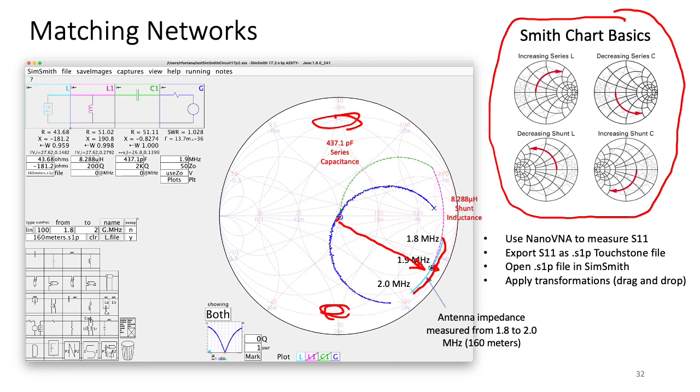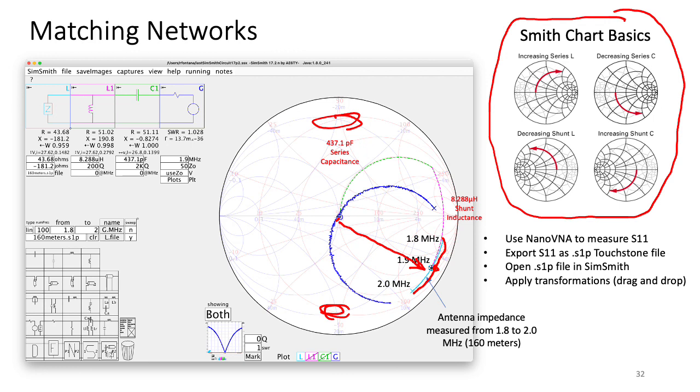Similarly, I have a set of concentric circles which represent fixed admittances, reciprocals of resistances. And if I have a shunt inductance, I will move counterclockwise along the fixed admittance curve. And if I have a shunt capacitance, I will move clockwise along the fixed admittance curves.